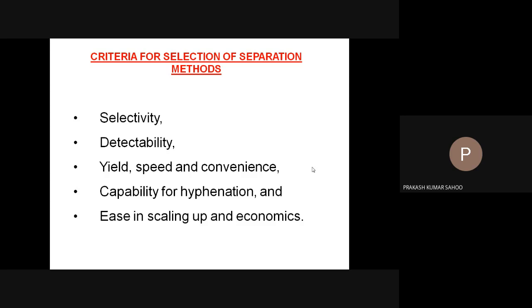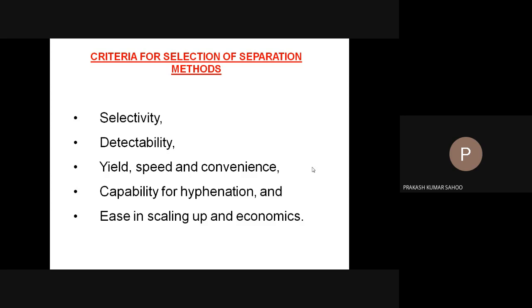If a small amount of pure material is present in our mixture, then sensitivity or detectability plays a prime role in separation.